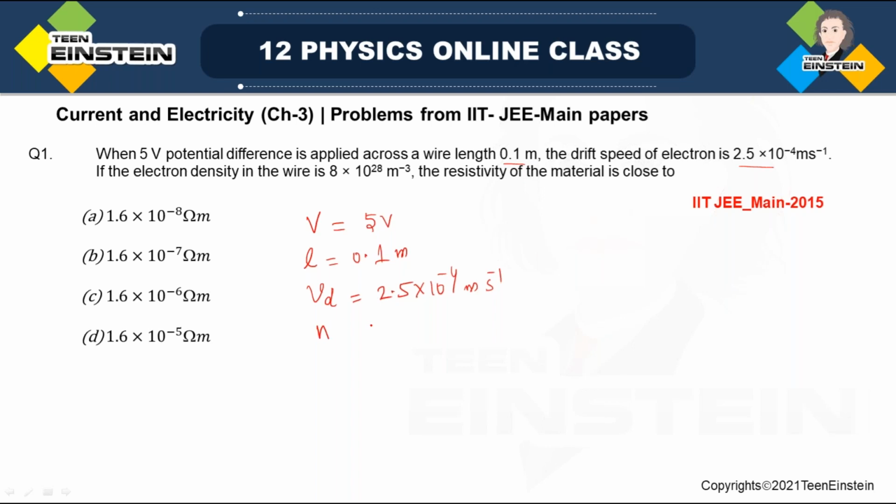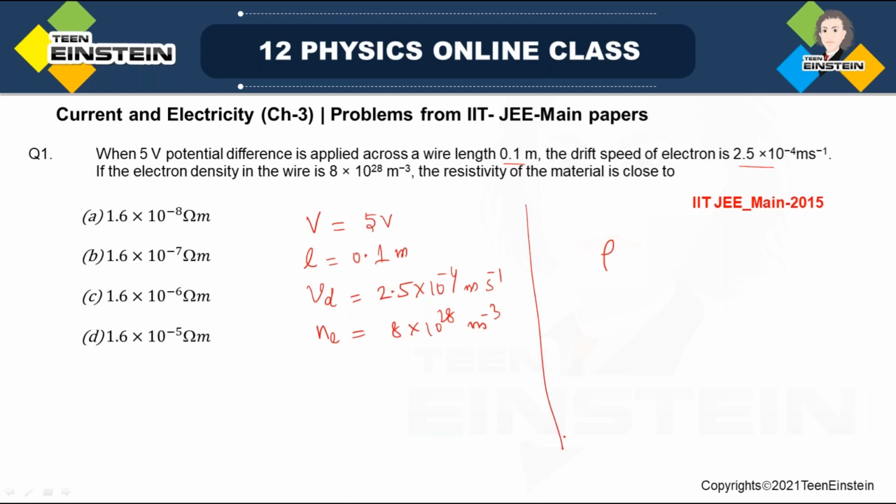Then number density of electron is given. This we can write Ne, per meter cube. What you have to find out? You have to find out rho.